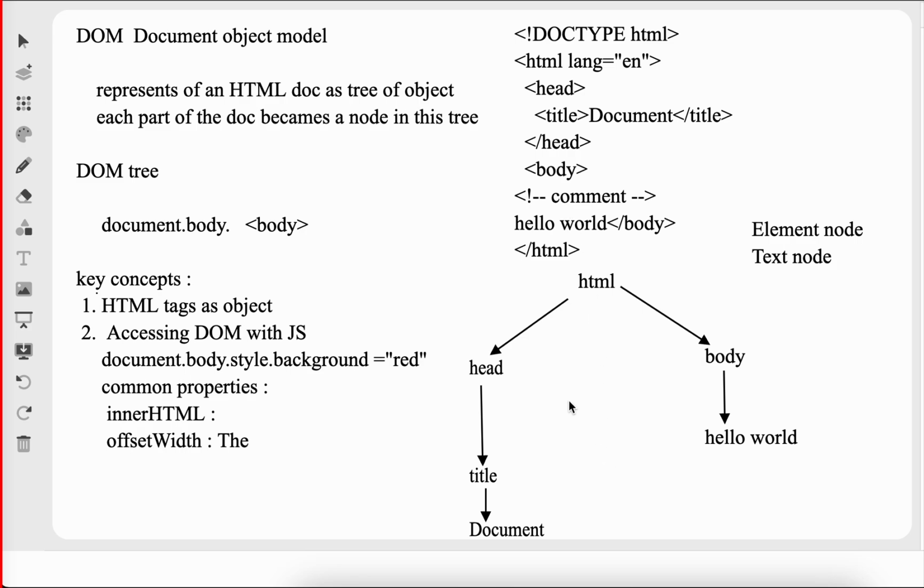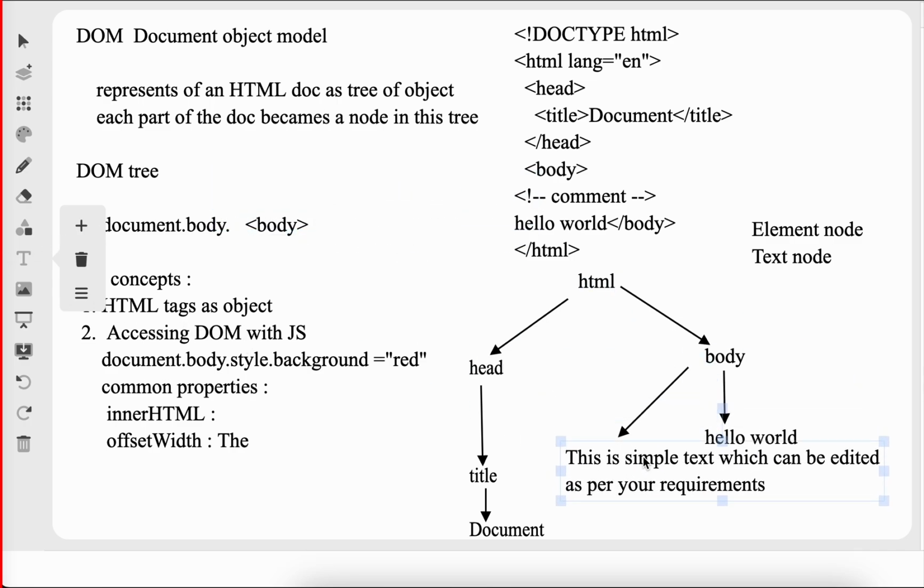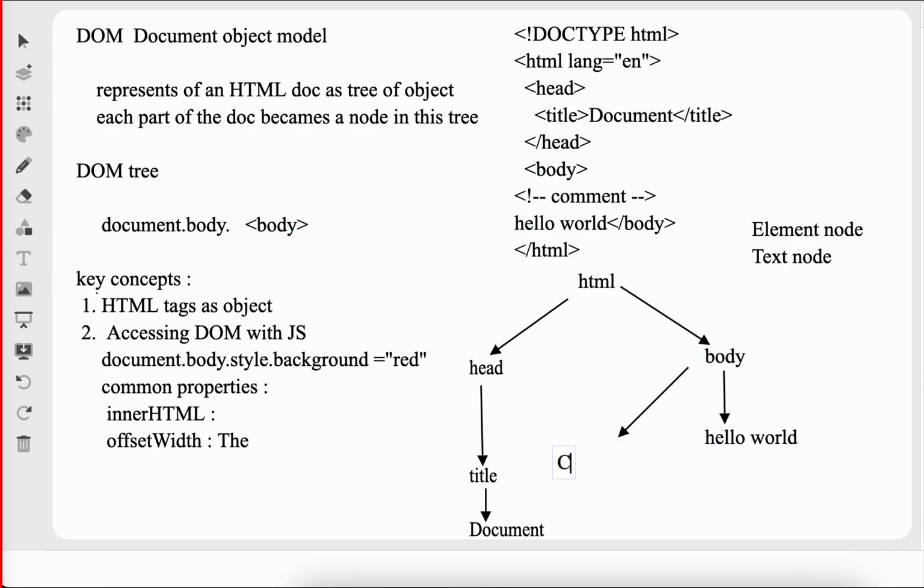In the body we will get one more point called comment. The name will be comment because we have added the comment. For this also it will create a node.